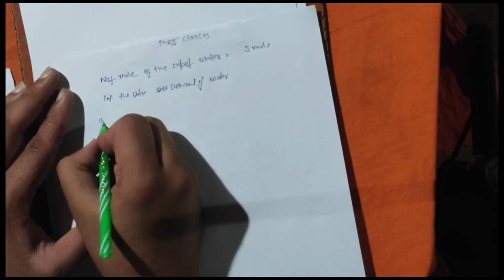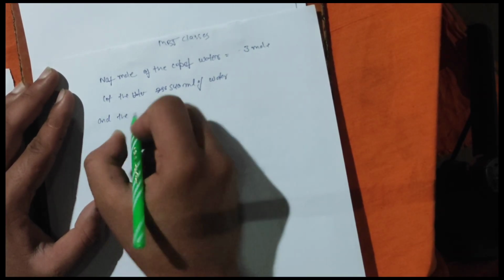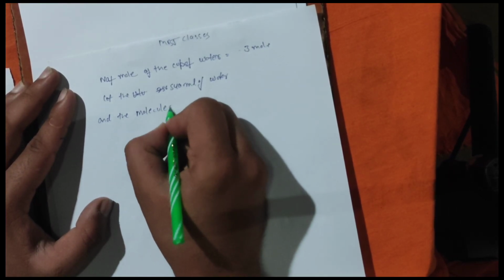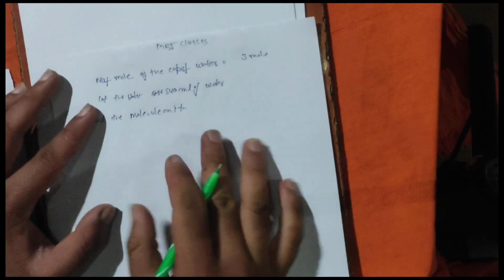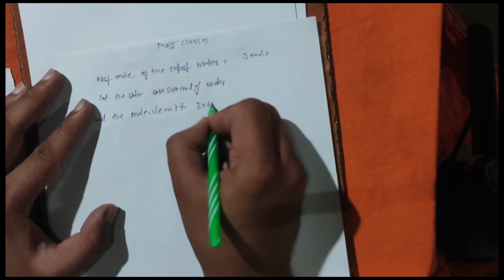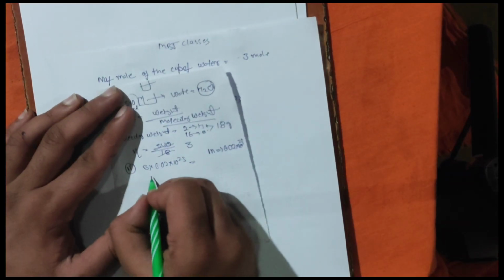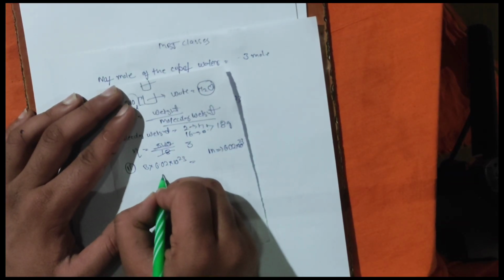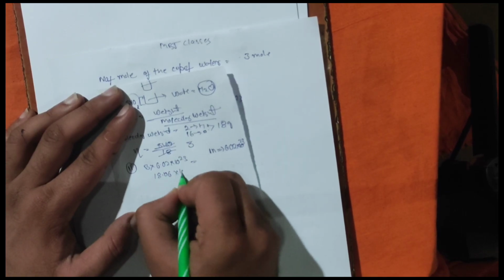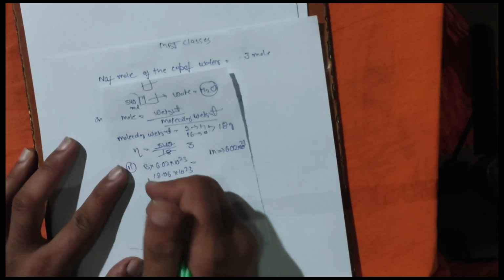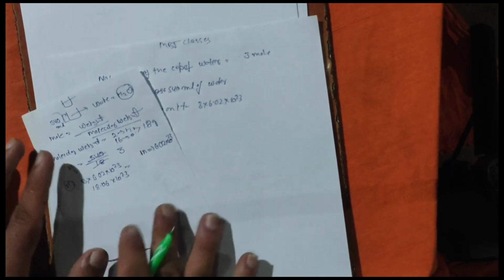And the number of molecules in it is 3 into 6.02 into 10 to the power of 23. If we calculate, this becomes 18.06 into 10 to the power 23. If you want a round figure, that is okay.